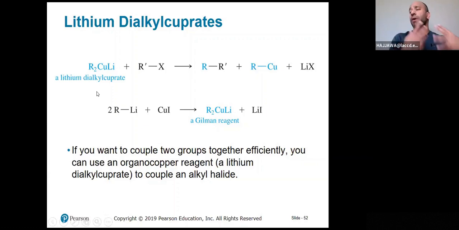The purpose of using such a reagent is to control the chemistry. It's not as reactive as the alkyl lithium, because the copper slows down the reactivity of the carbon attached to it. As I mentioned, this reagent will not be used in this chapter. Rather, we will see it in future chapters.